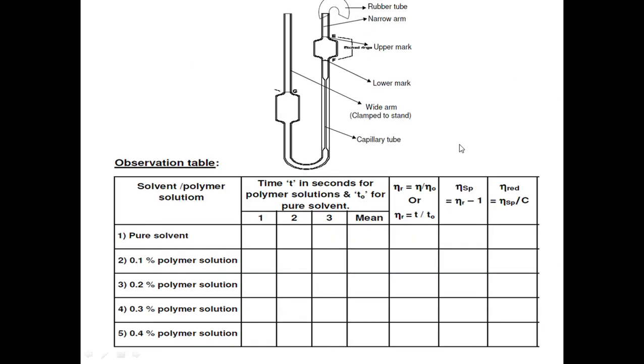This is the viscometer. First, we will calculate the time of flow for pure solvent. We will take 3 readings and calculate the mean value, then relative viscosity, specific viscosity and reduced viscosity. Next step, we will prepare different percentages of polymer solution, that is 0.1%, 0.2%, 0.3%, 0.4% and 0.5% polymer solution.